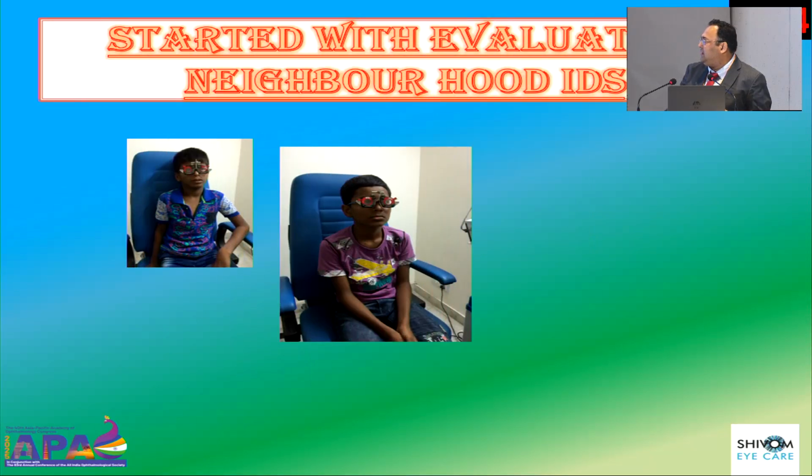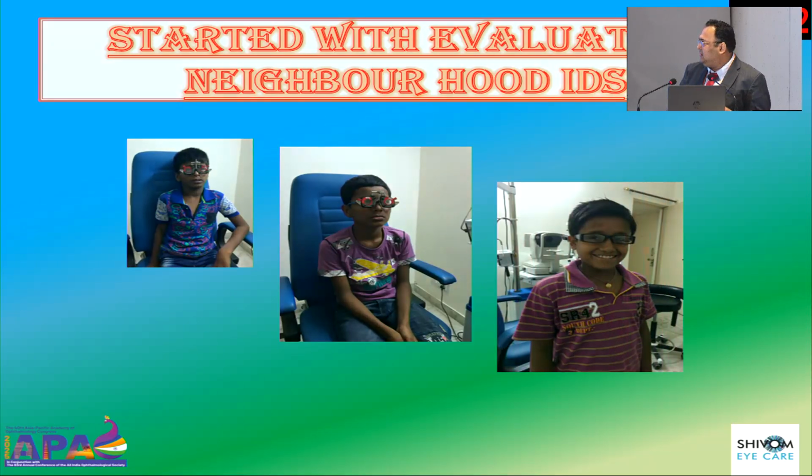So we started evaluating in the neighborhoods, and we found that there are still many people around us, like a guard whose kids come around and show to us. We make sure these kids don't go back untreated, because if you're not treating the refractive error, they suffer. So we give them glasses or something we can do from our end as a private practitioner.